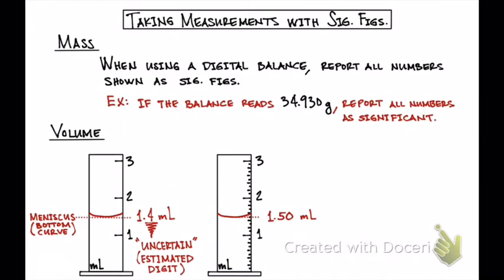Okay, so this is 1.5 minimum, at least. And then you have to have an estimated digit, the uncertain digit. And because of the fact that it has 3 significant figures, this measurement is more accurate compared to the first graduated cylinder.